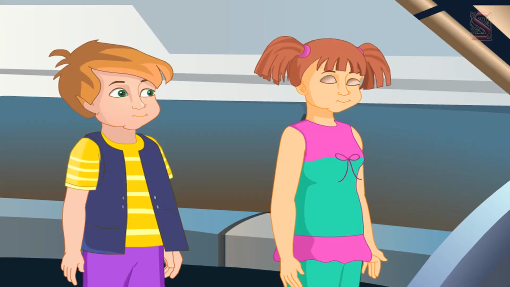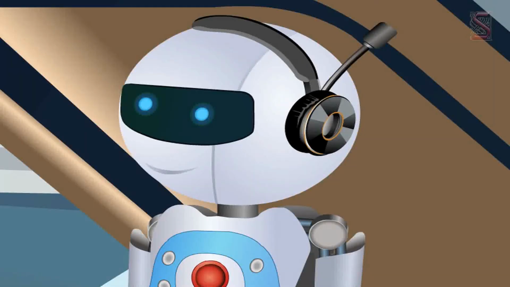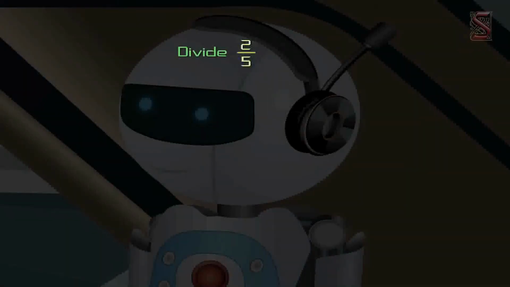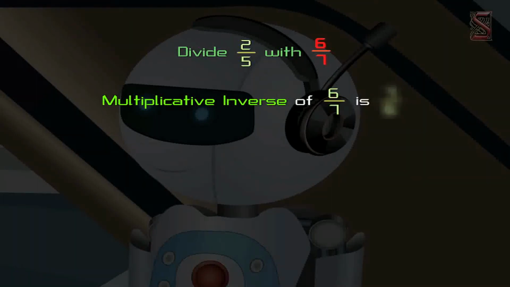But Chitti, what do we do when the division is between two fractions? Suppose we need to divide 2 by 5 with 6 by 7. We first find the multiplicative inverse of the divisor. In this case, the divisor is 6 by 7, and hence the multiplicative inverse of 6 by 7 is 7 by 6.